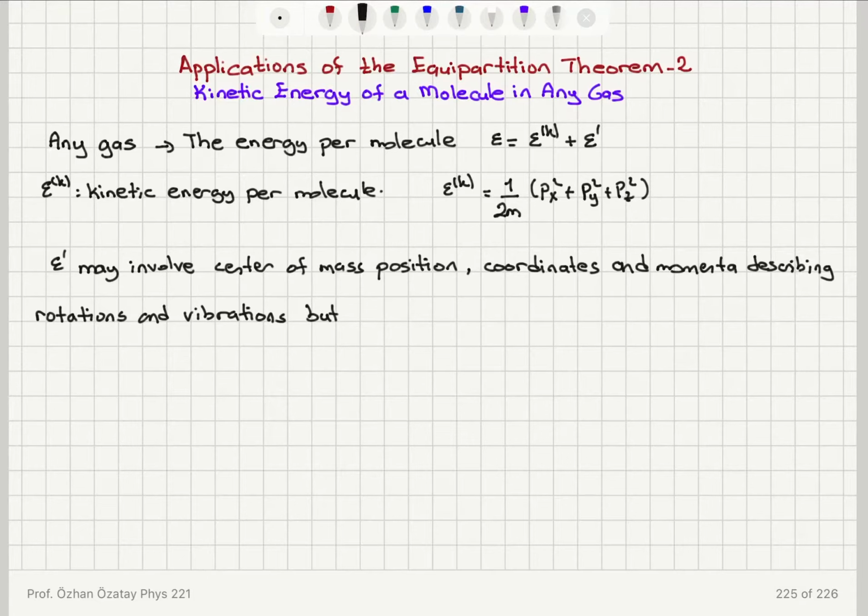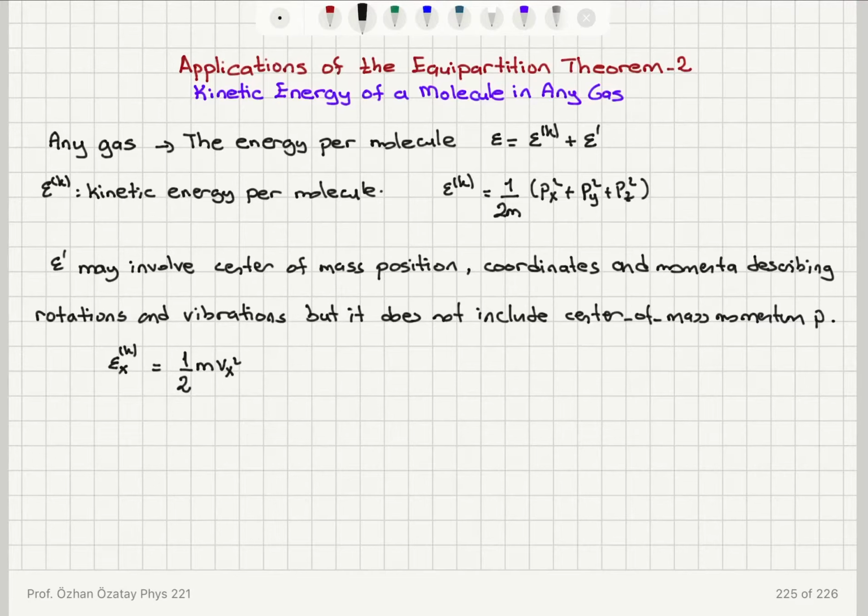But it does not include the center of mass momentum P. There is no center of mass momentum contribution to this energy term epsilon prime.